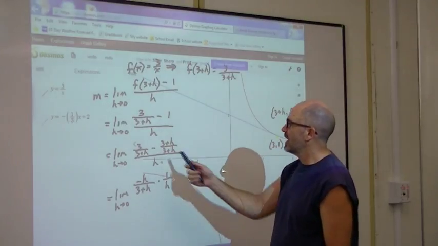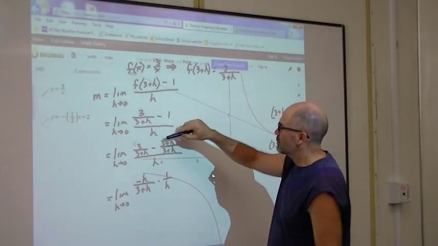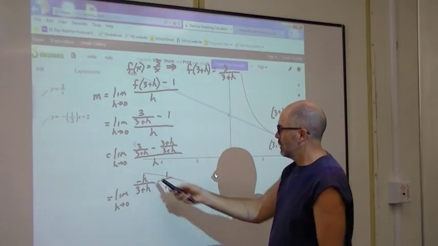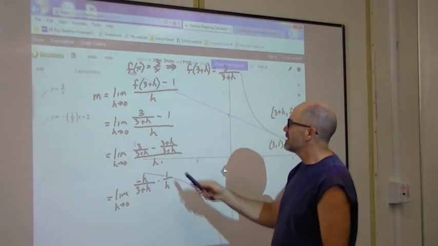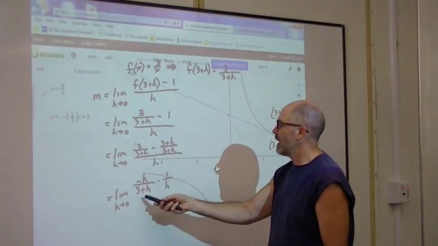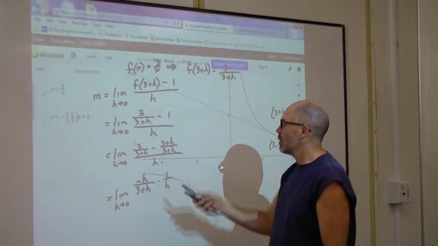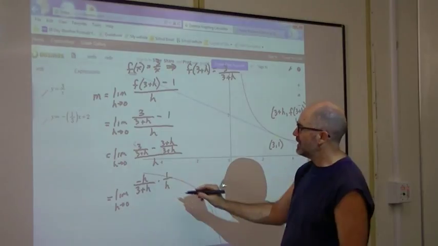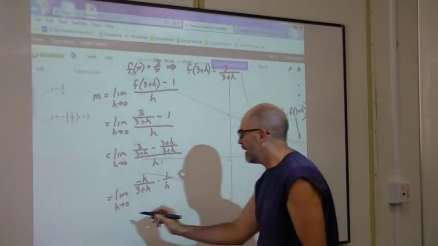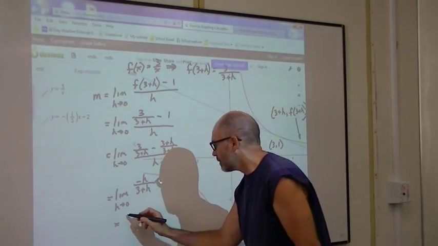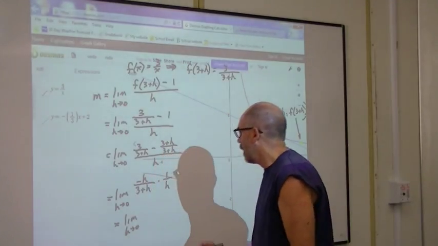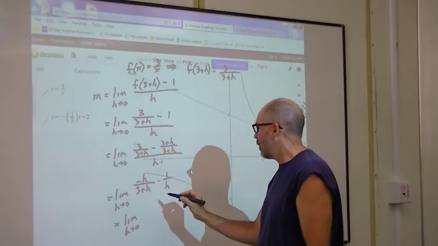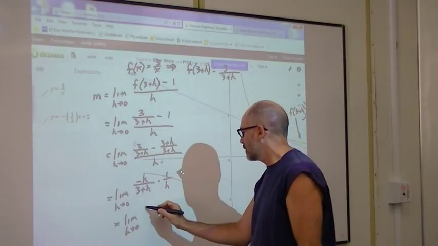So notice once again, the minus sign is subtracting the 3 and the h. So I'm left with 3 minus 3 minus h divided by 3 plus h, times my 1 over h here. All right, now you can see the h's cancel, and I'm left with the limit as h approaches 0 of negative 1 over 3 plus h.